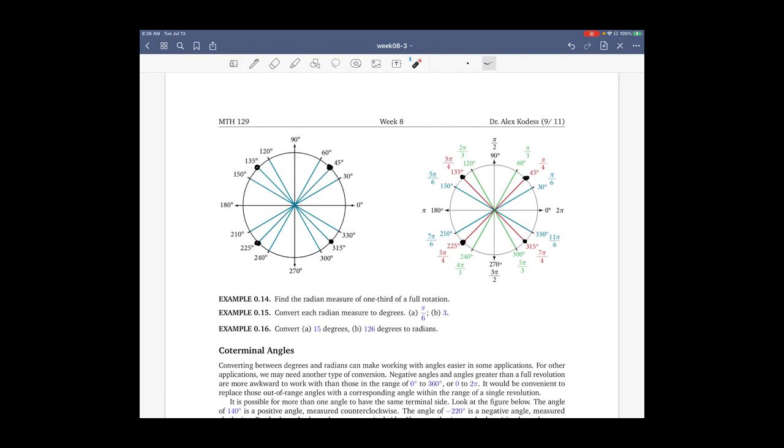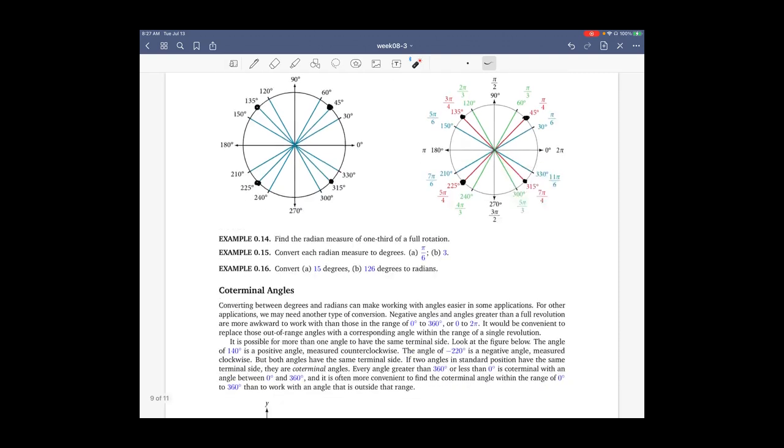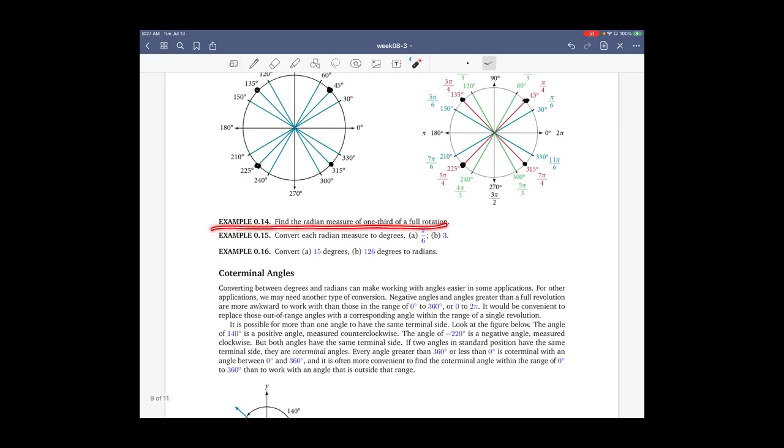But for now, let's look at these 3 examples where we need to convert from radian measure to degree measure or vice versa. In this example, for instance, we need to find the radian measure of 1/3 of a full rotation.